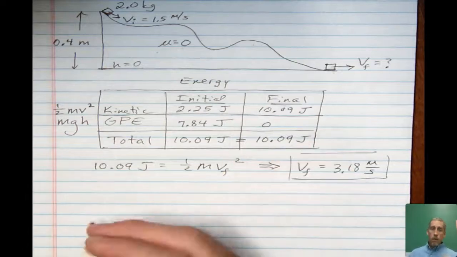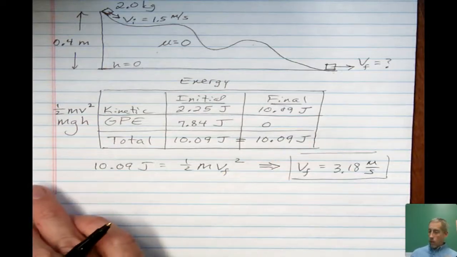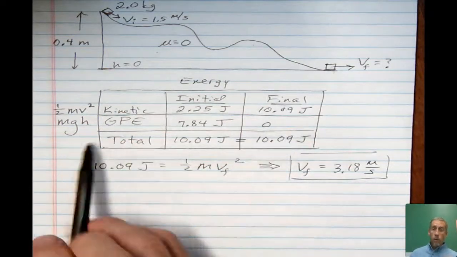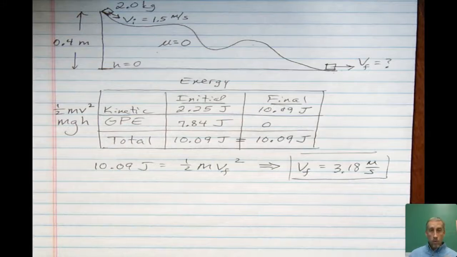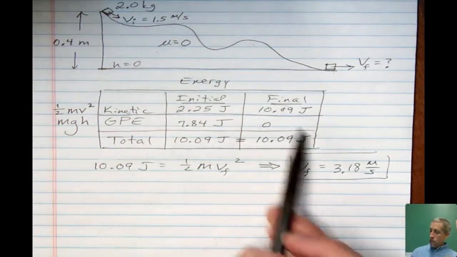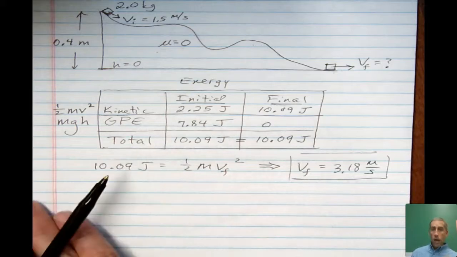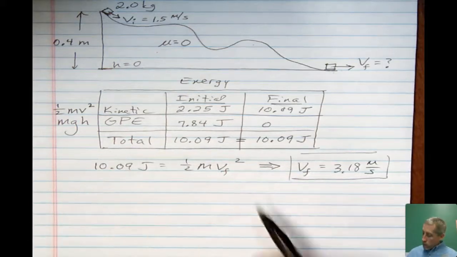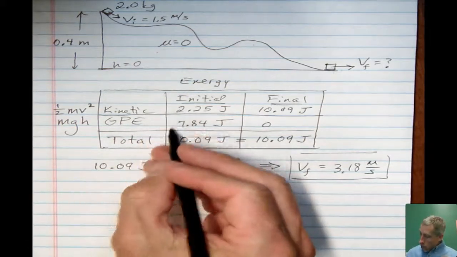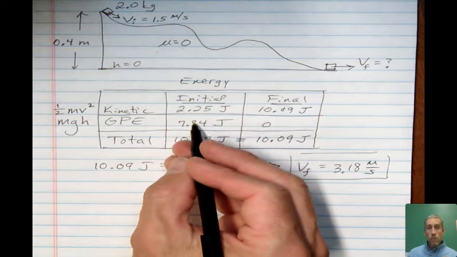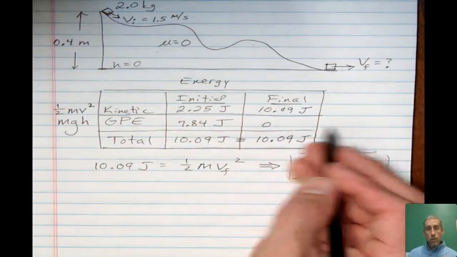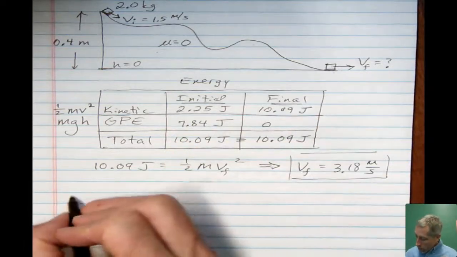So the table method is just a method of organizing your information. These tables will look different if you have springs involved or other forms of energy. But what I want to show you is this same idea of conservation in just an algebraic equation form. So we take the sum of our kinetic and potential energies at the beginning and set them equal to the sum at the end. Well, watch what happens here.